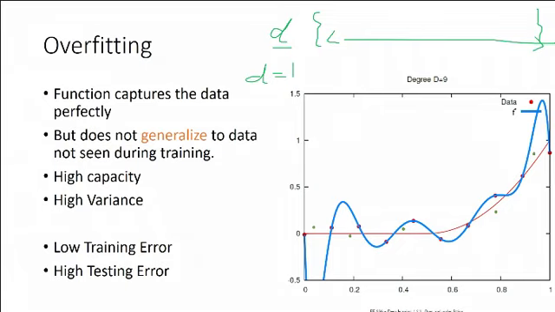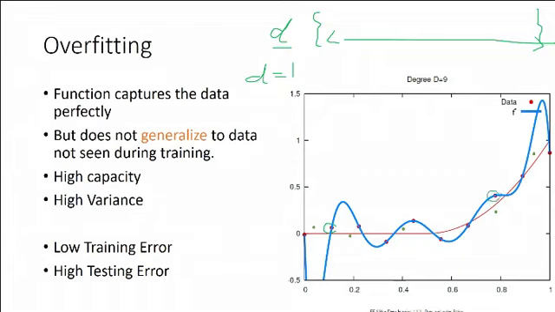So this means that depending upon the data and the noise in the data, I can fit anything. Even if my data has noise, my function will fit it. So I have a high capacity, a low training error, but a high testing error.